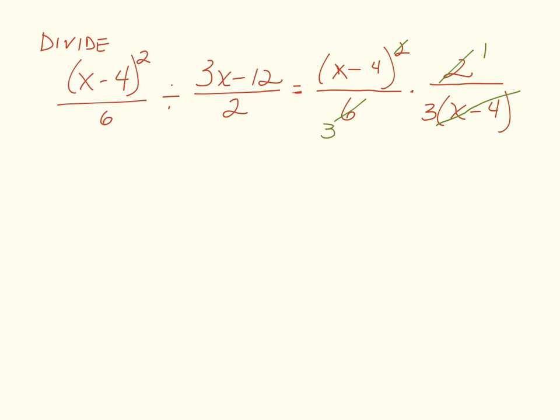Okay? So what we have after canceling or dividing out those factors, we're left with an x minus 4 times 1 in the numerator and a 3 times 3 in the denominator, which is 9.